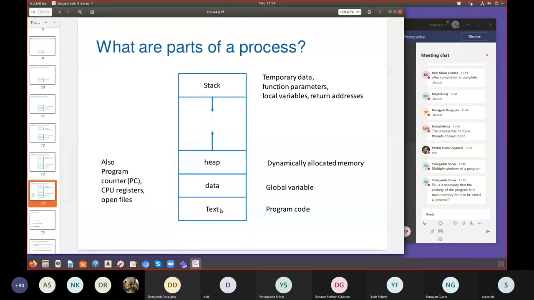But you may have noticed that a part of the disk can also be logically used as memory, because sometimes we are talking about swap space, etc. Also, there is the concept of virtual memory, which we will talk about later. So physically, part of the disk may also be used as memory. But again, logically, the whole program should be in the main memory.